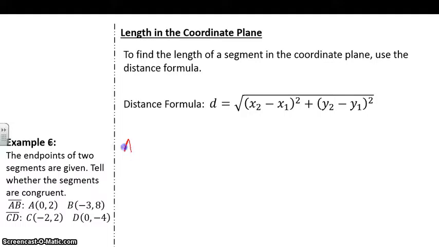I'm going to do AB first. To find that length, I'm using the distance formula.